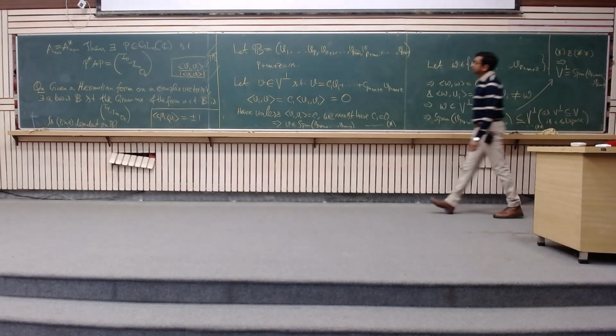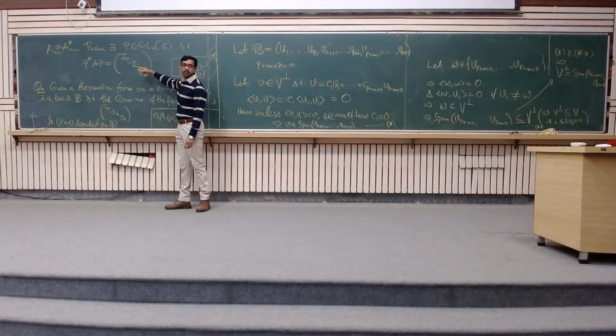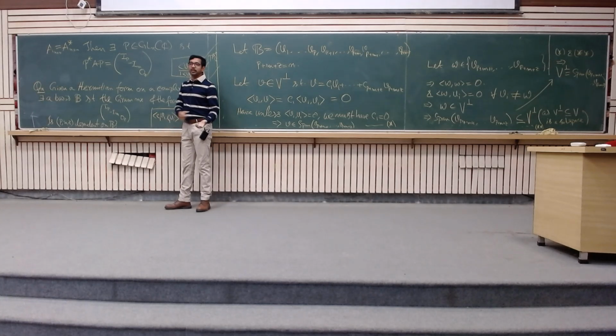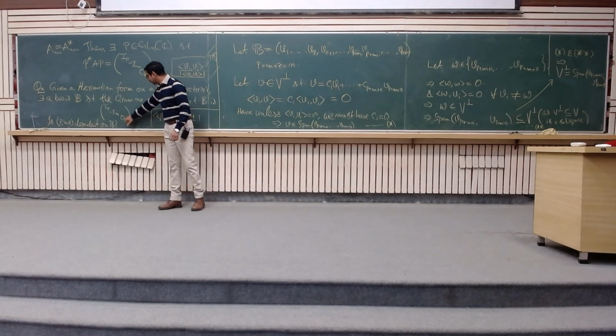So indeed, these vectors correspond to a basis of the null space, and the null space doesn't depend on the basis. If the form is given to you, the null space is fixed, right? So that's how this is independent of the choice of basis.